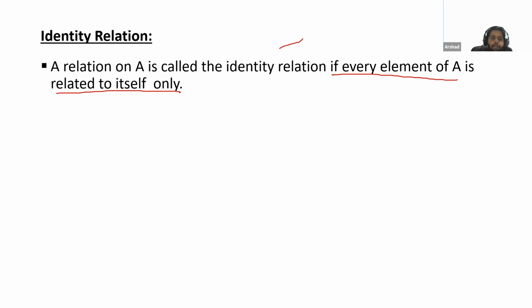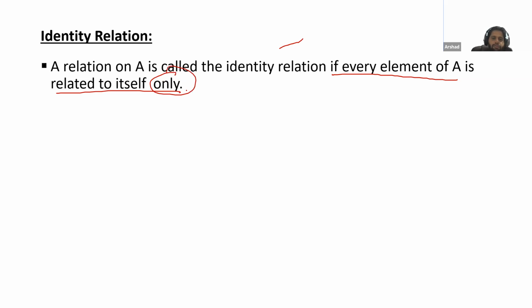Yes, it's like (a, a), but in reflexive also we have (a, a), so what is the difference between identity and reflexive? Not the same. There is a difference of this one word only.